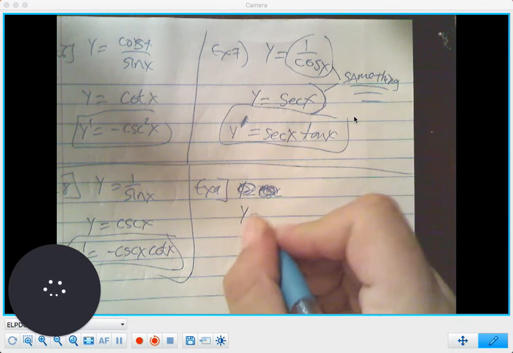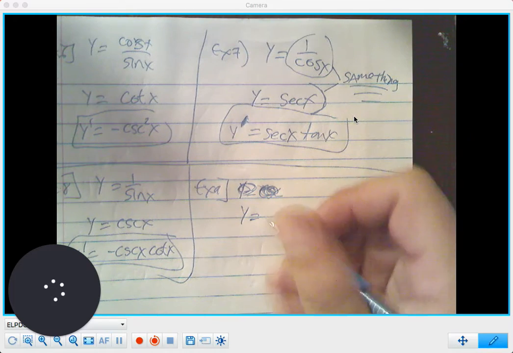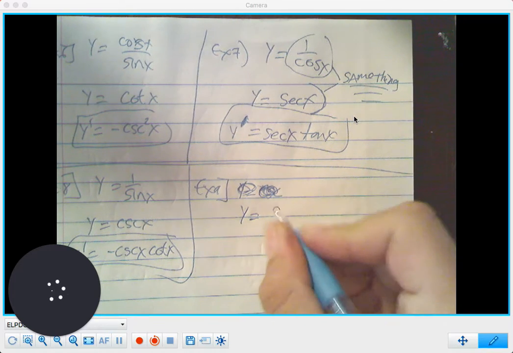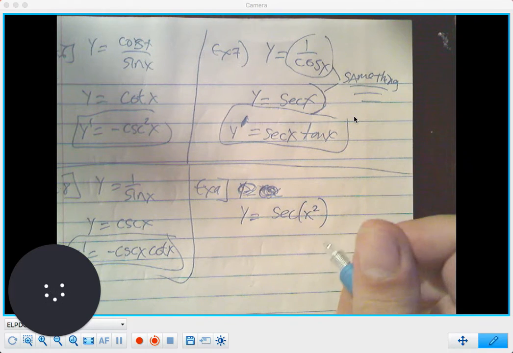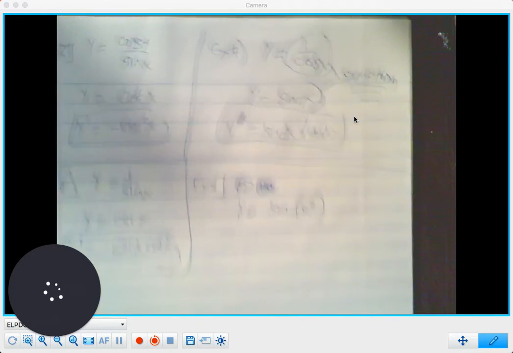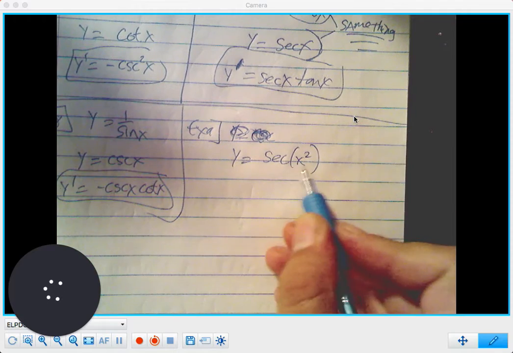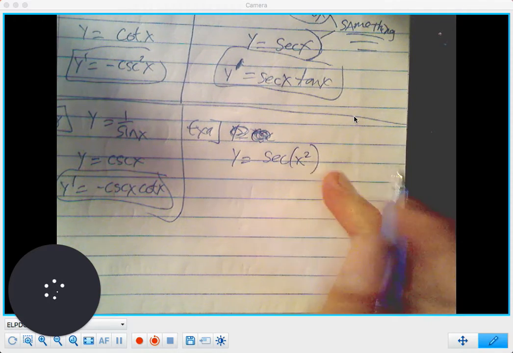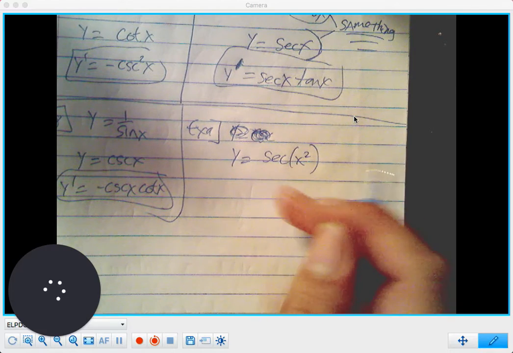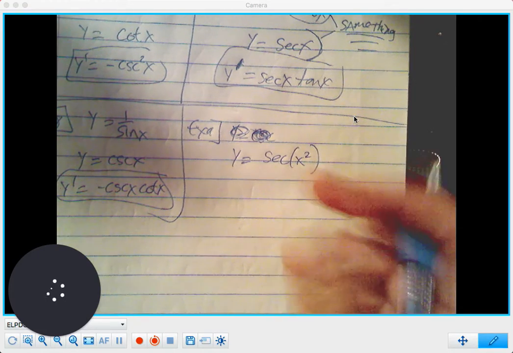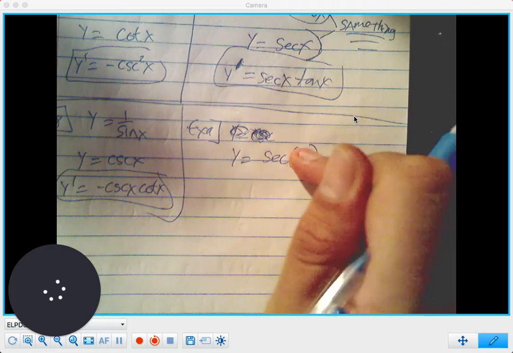This one is y equals secant of x squared. Now, remember, anything other than x, we have to take the derivative of that after you take the derivative of the trig function.